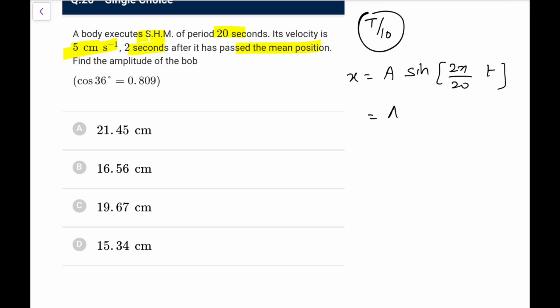So it would be A sine of 2 pi by 20 into 2, which comes out as A sine of pi by 5.